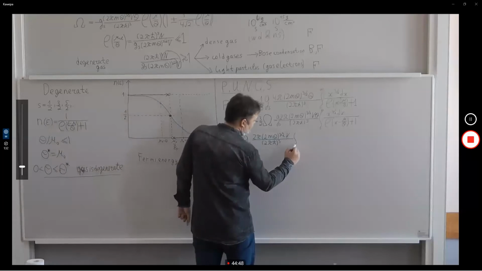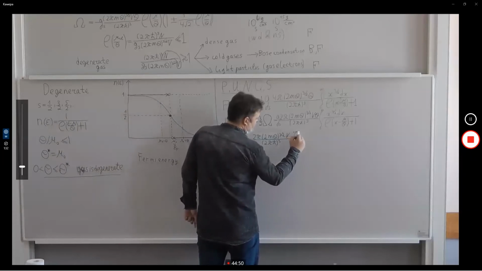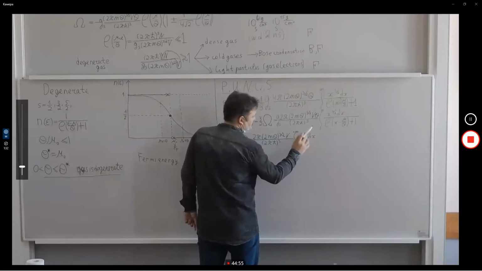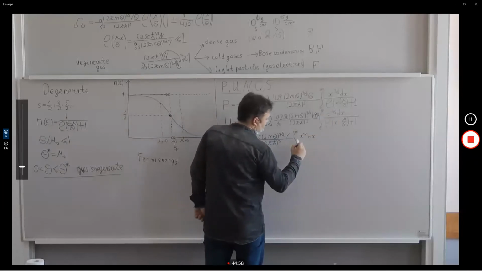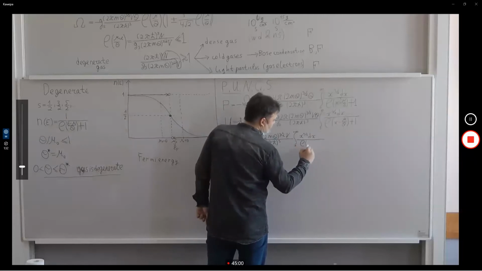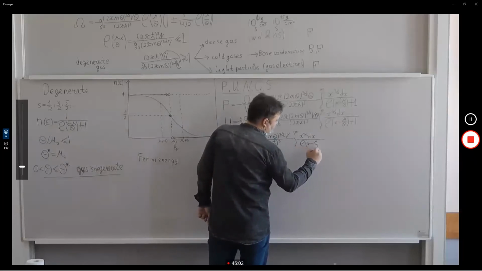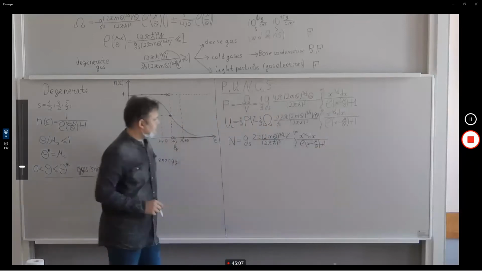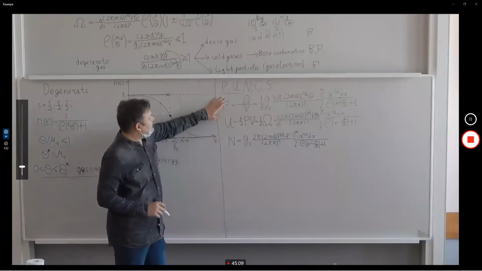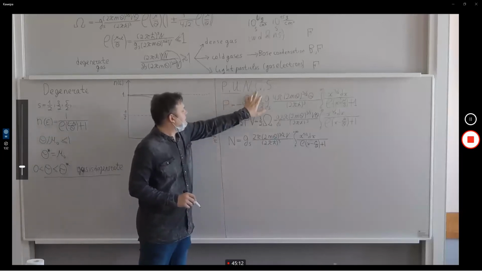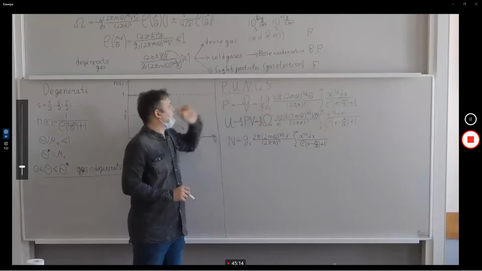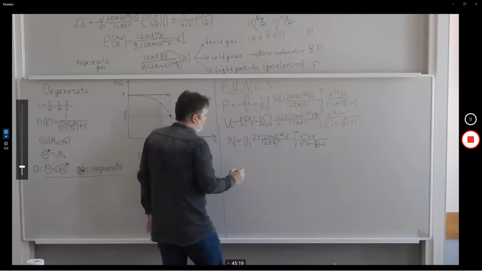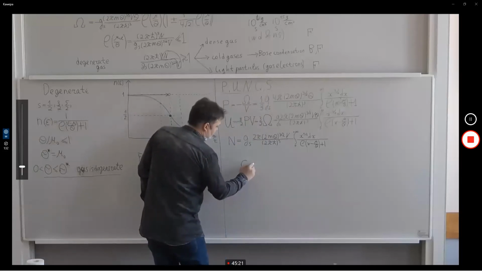Okay, and here is an integral of x to the 1/2. Please note here 1/2, here 3/2, over exponent of (x minus μ) divided by θ plus 1. In principle, we can write out the expressions for entropy and heat capacity, but they can be computed very easily.